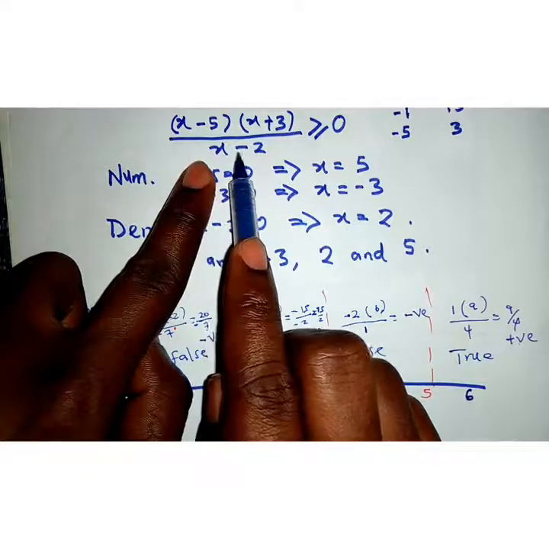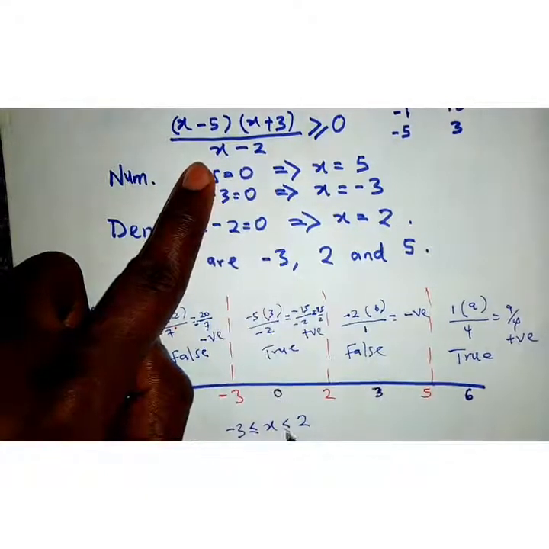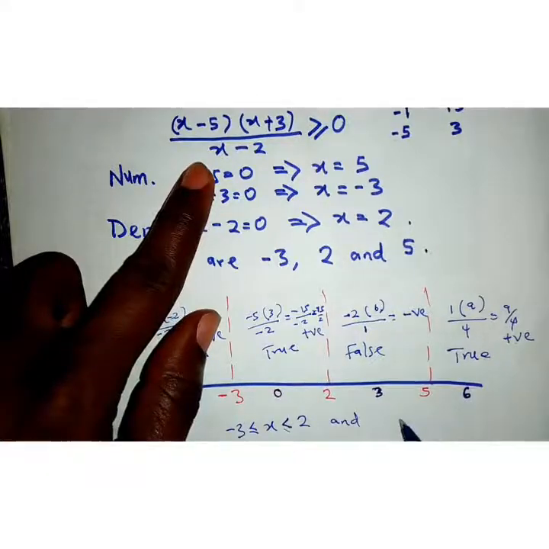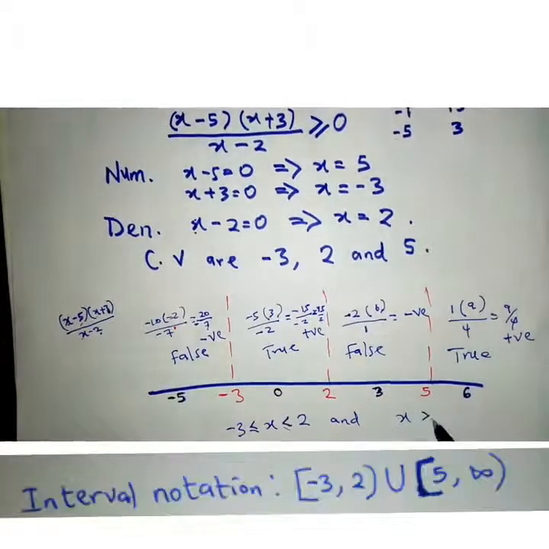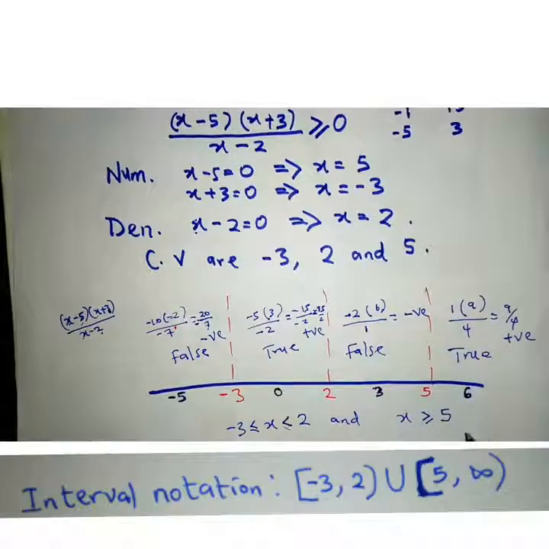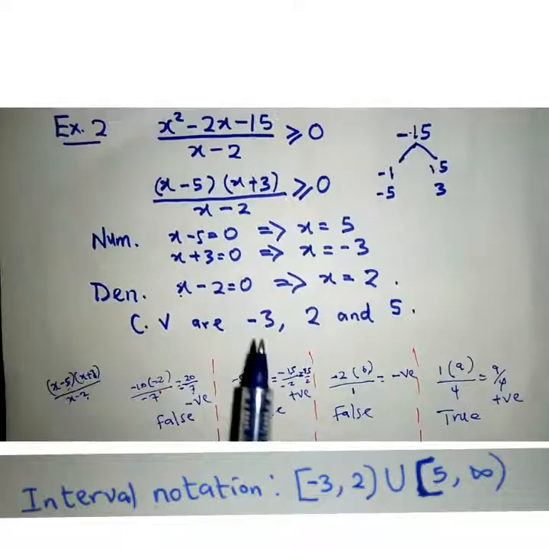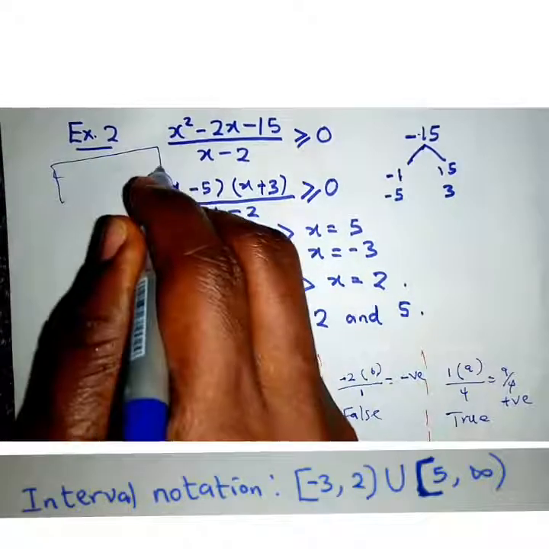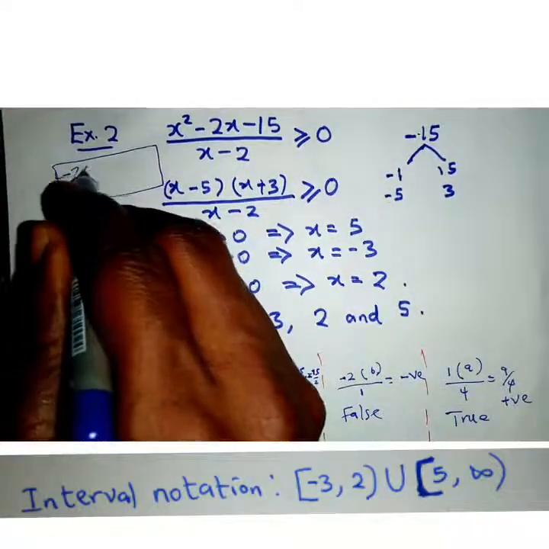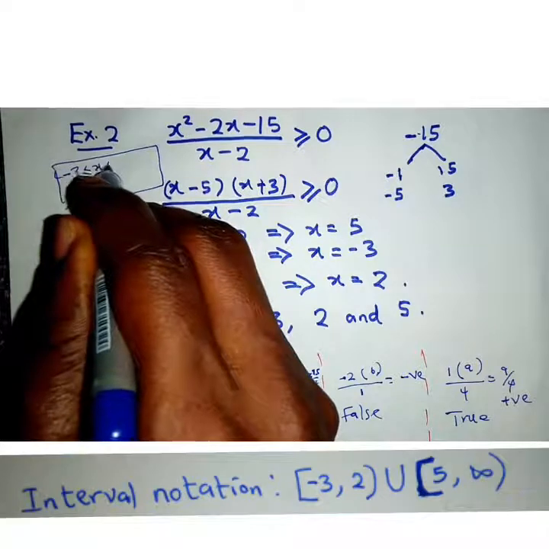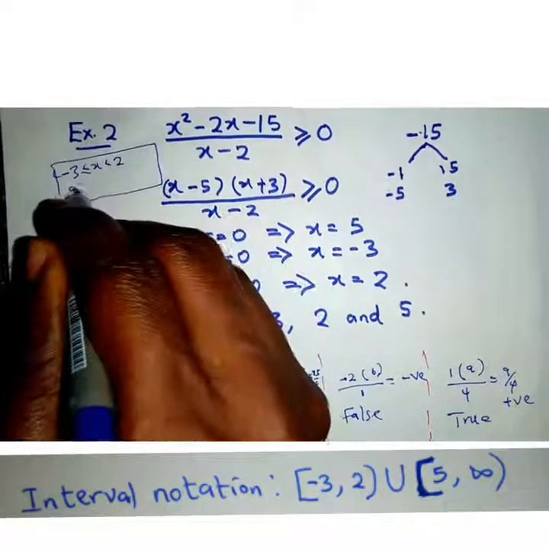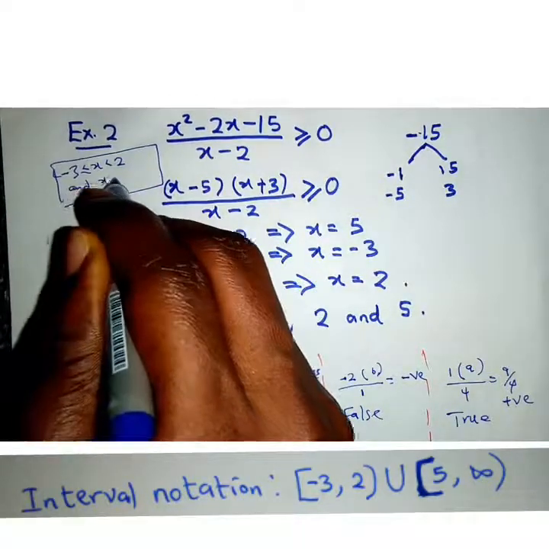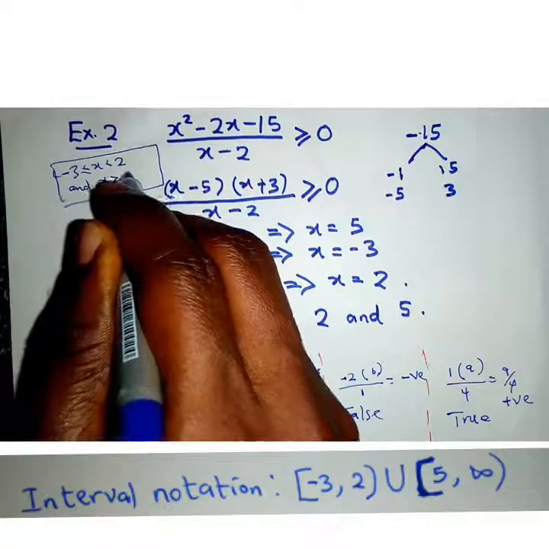So to avoid dividing by 0, we exclude 2. So we have strictly less than, and x is greater than or equal to 5. So the solution to our original inequality is minus 3 less than or equal to x strictly less than 2, and x greater than or equal to 5.